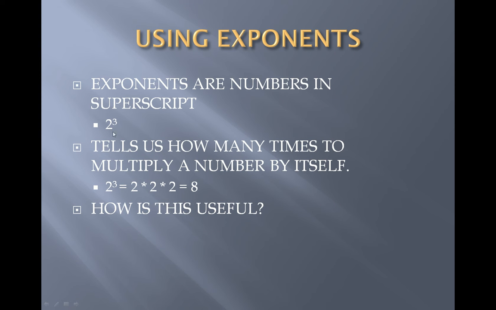And this exponent tells us how many times to multiply a number by itself. So 2 cubed, or 2 to the third power, would be equal to 2 times 2 times 2, or equal to 8.